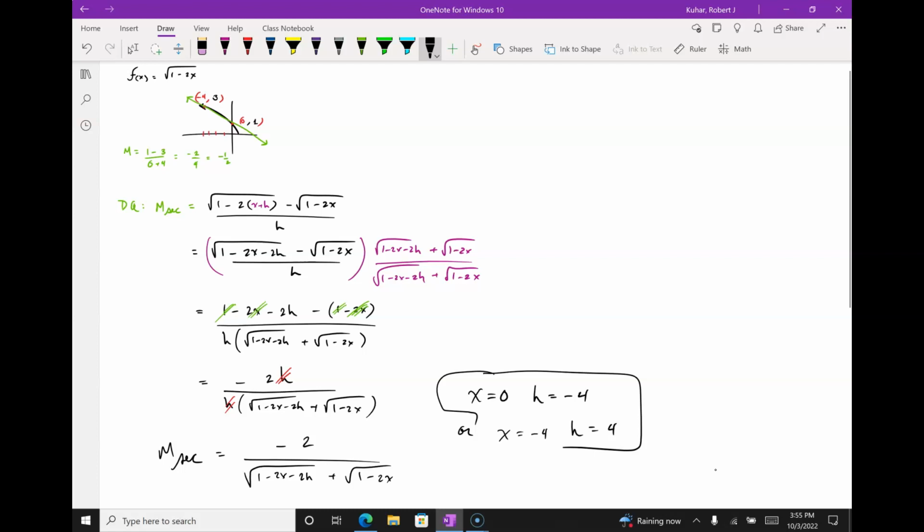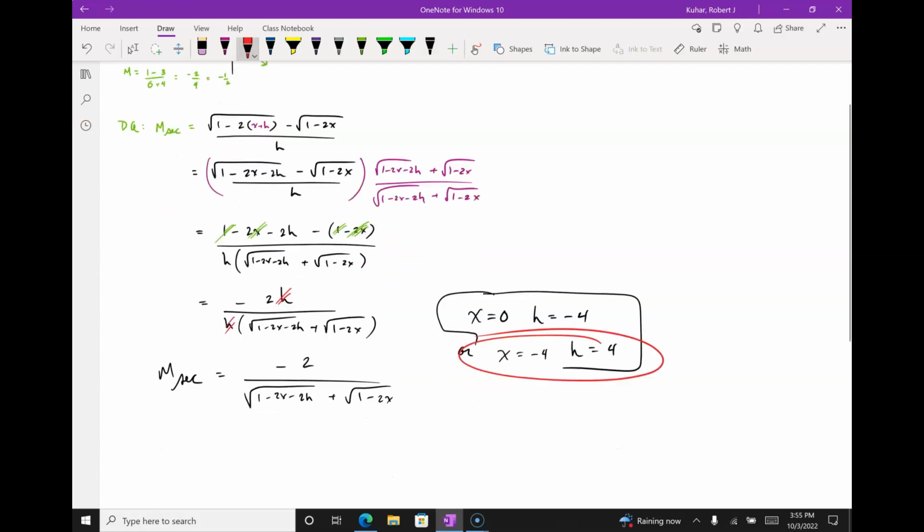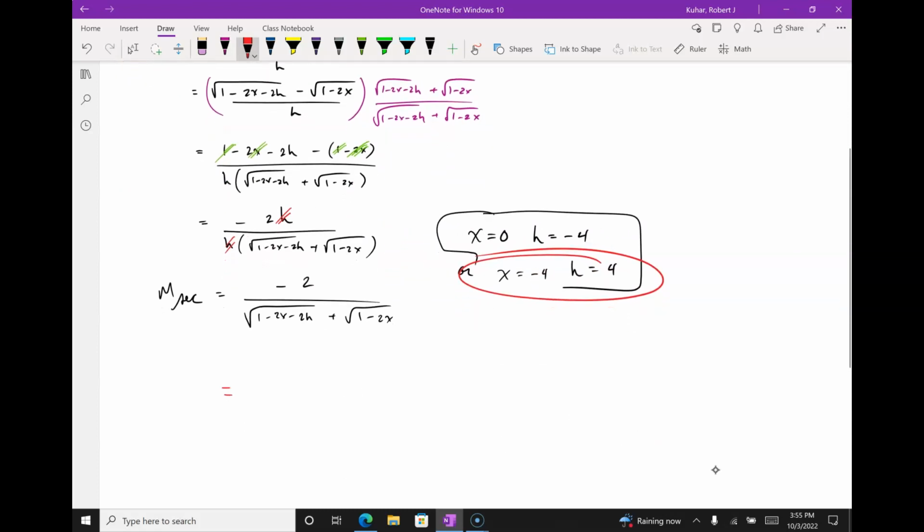All right. I like to work with h as positive, so I'm going to use this one. Everywhere there's an x, I'm plugging in a -4.